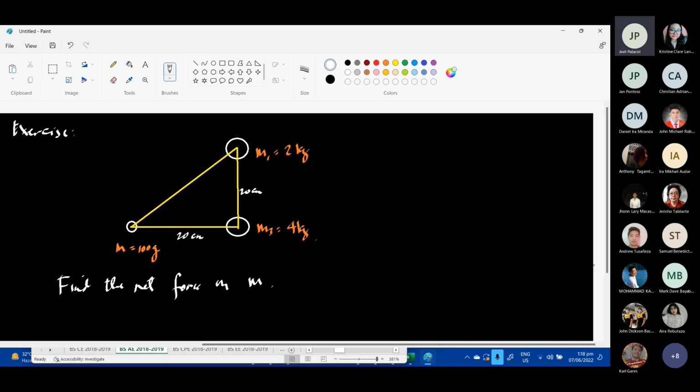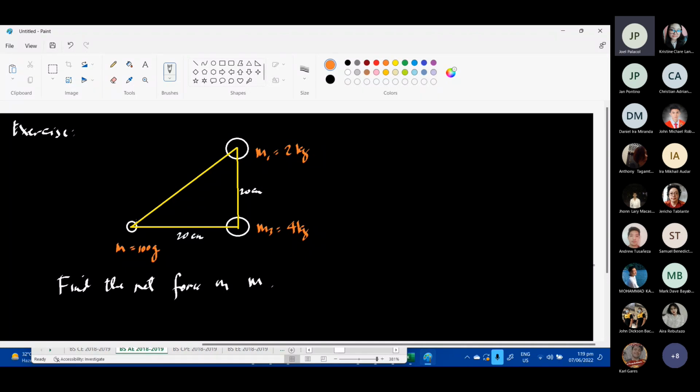May tanong kayo regarding the problem? So there are 3 masses at the vertices of a right triangle, isosceles right triangle, 20 centimeters by 20 centimeters. These masses are 100 grams, 2 kilograms, and 4 kilograms respectively. We want to find the net force on mass M. So identify nga natin ano bang mga forces dyan.